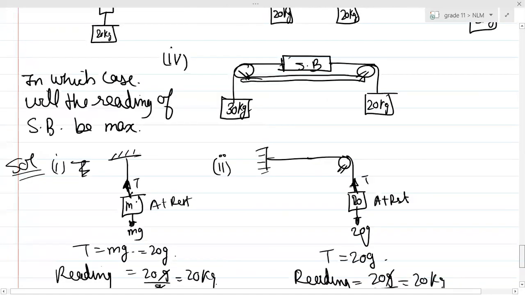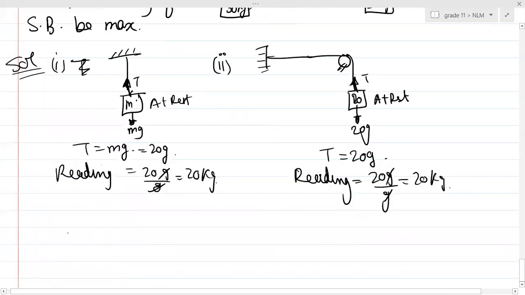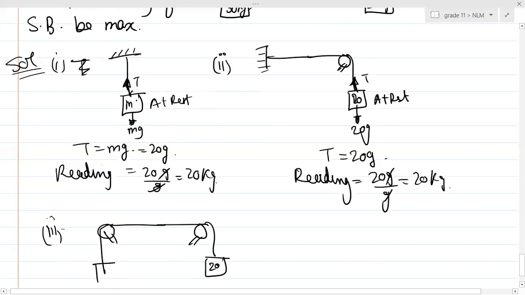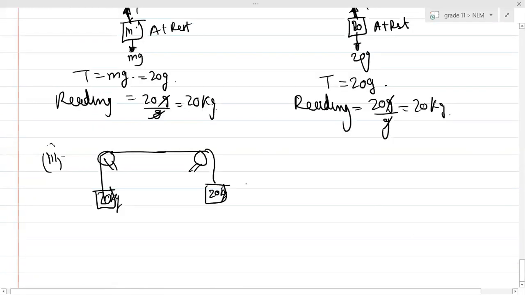In the third case, when you have two strings, you will connect like this, 20, and here also 20 kg. So in this case, tension T is acting upwards on both sides, and 20g downwards.